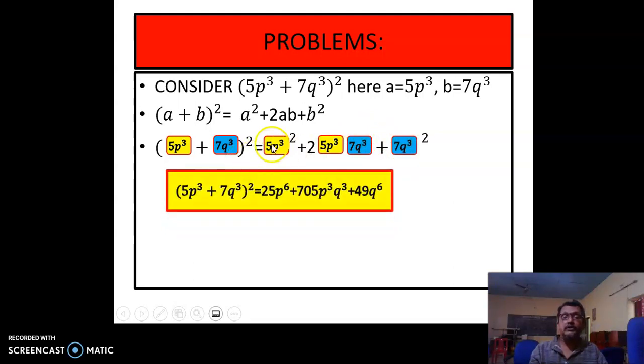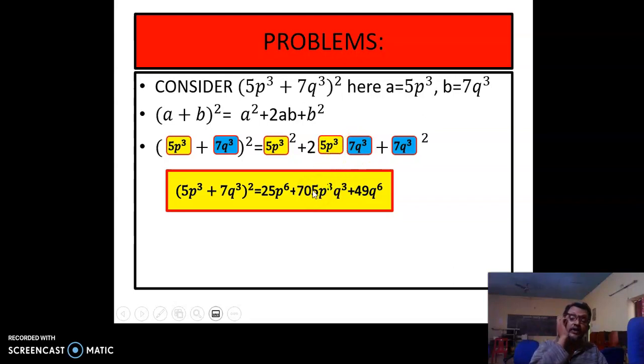So what will you get? 5p cube whole squared is nothing but 5p cube into 5p cube. 5 fives are 25, p cube into p cube, p to the power 6. Here 5 into 2, 10. 10 into 7, 70. Not 7, not 5, it is 70. 70 p cube q cube.